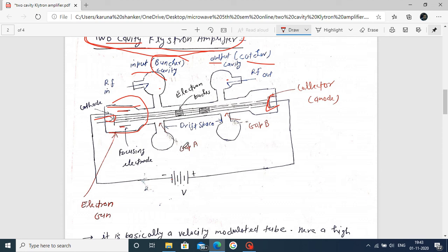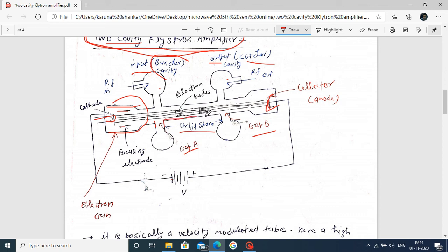Now observe this one, there is a gap in this input cavity, and the notation used for it is gap A. The gap in the second cavity uses the notation gap B. Also, the space or distance between your input cavity and output cavity is represented by the drift space.